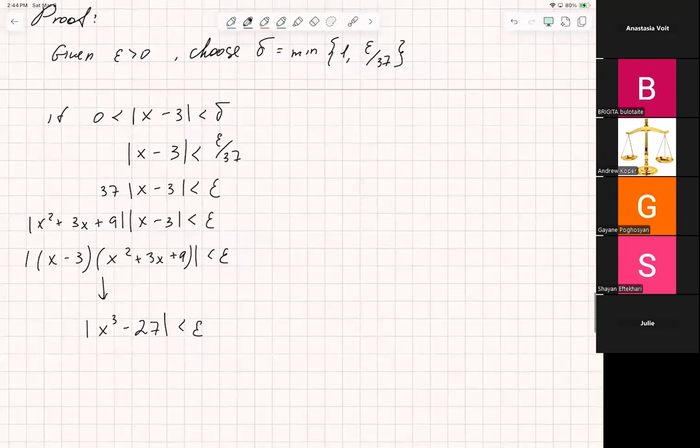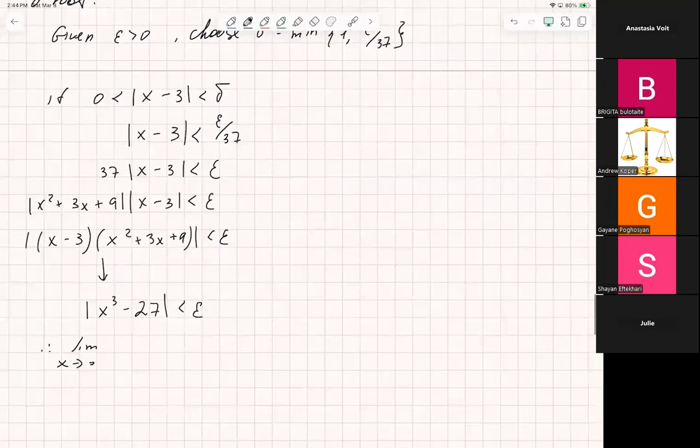So we came to our conclusion. Therefore, the limit as x approaches 3 of x cubed equals 27 by the definition of a limit. Okay, good.